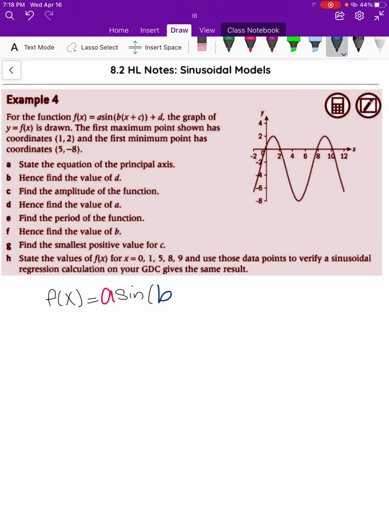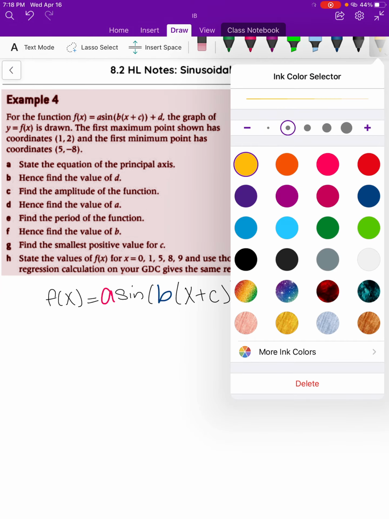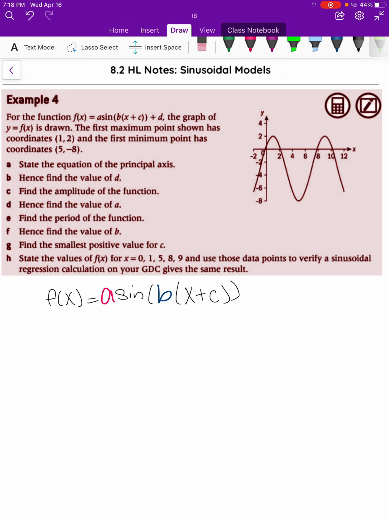So I am forewarning you, please write tiny. So we're just writing the general form of this formula, where each thing kind of has its own role.